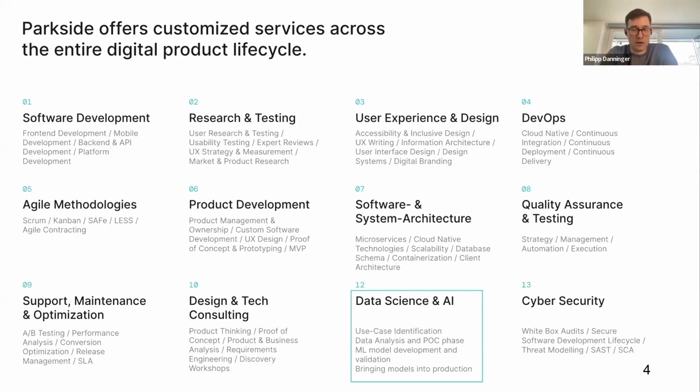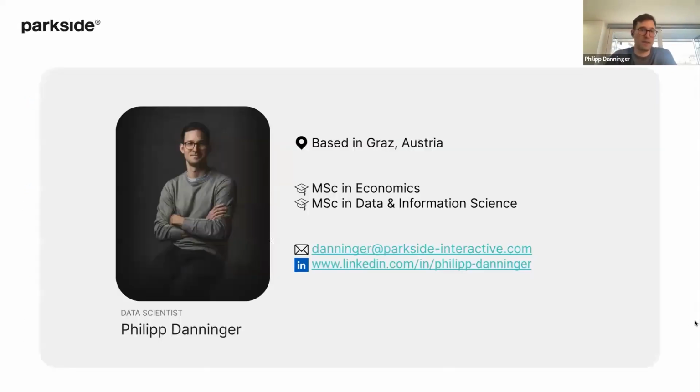And I am now one of the team members of the data science and AI team, where we are developing machine learning applications, but also data science use cases. My name is, as I said, Philipp Danninger.